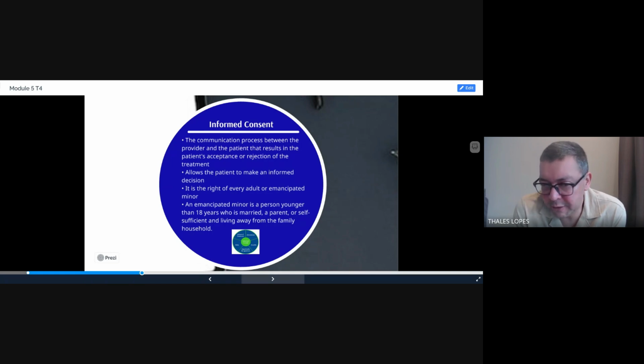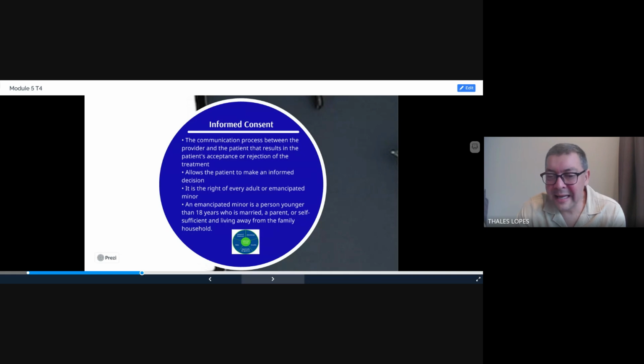You have options, by the way. It allows the patient to make an informed decision, thus it's called informed consent. It's the right of every adult and emancipated minor. What's the other right that we talked about? Least restrictive environment.